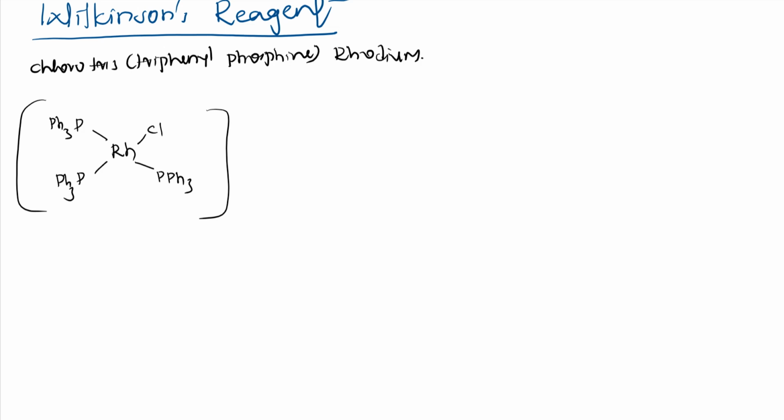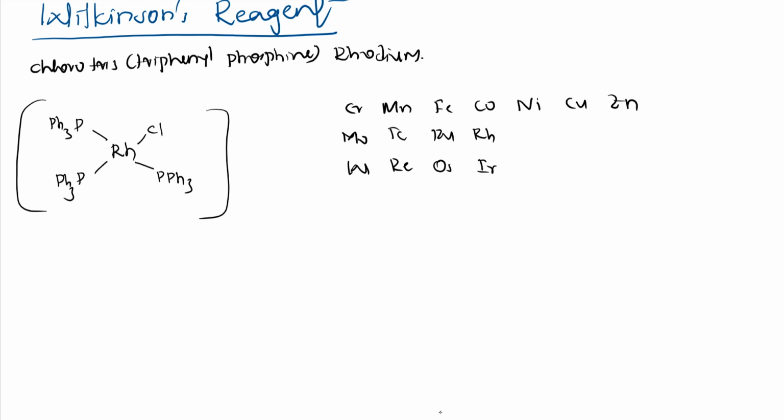You know the series: scandium, titanium, vanadium, chromium, manganese, iron, cobalt, nickel, copper, zinc. Below chromium come molybdenum and tungsten, below manganese technetium and rhenium, then iron, ruthenium, osmium, cobalt, rhodium, iridium, nickel, palladium, and platinum.